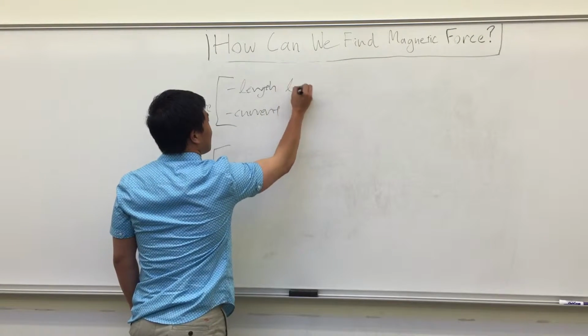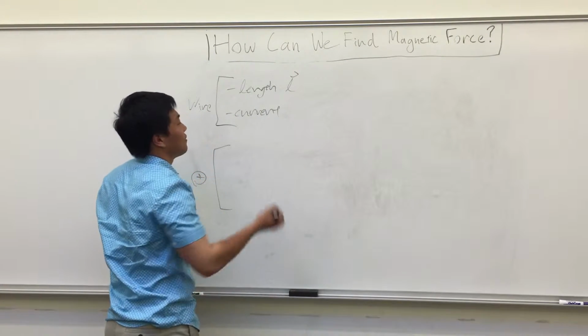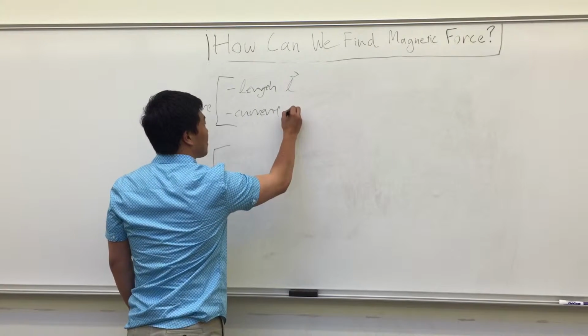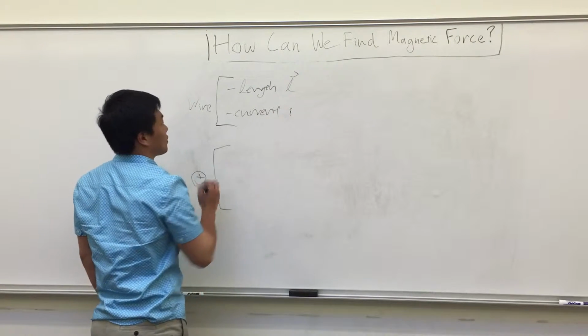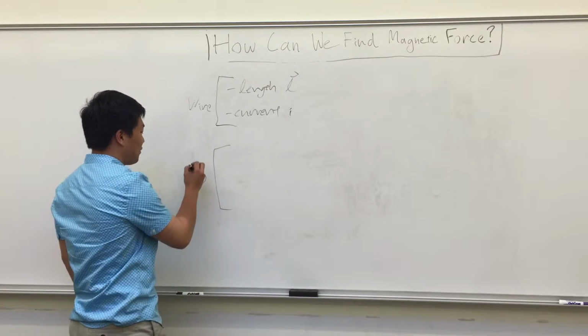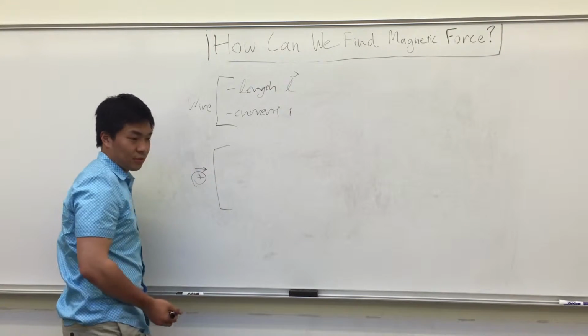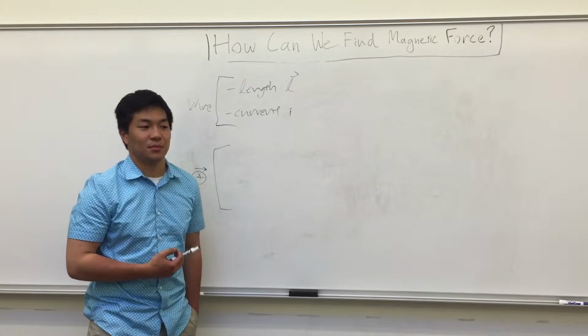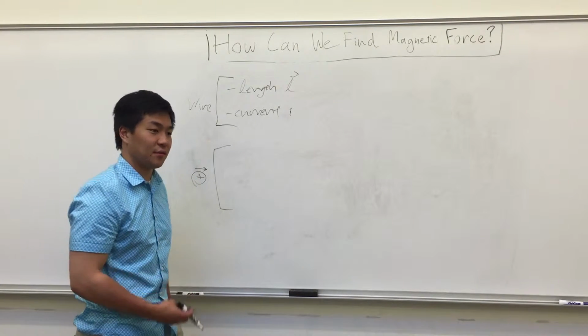And length is a vector that is defined as going in the direction of current, and current is simply a scalar.